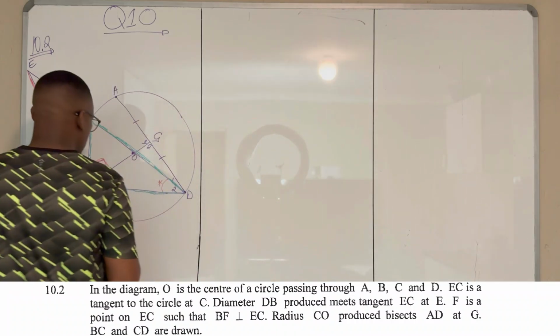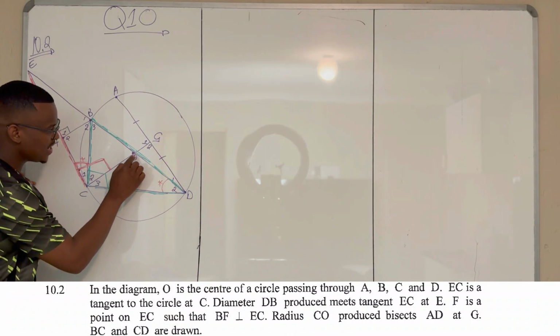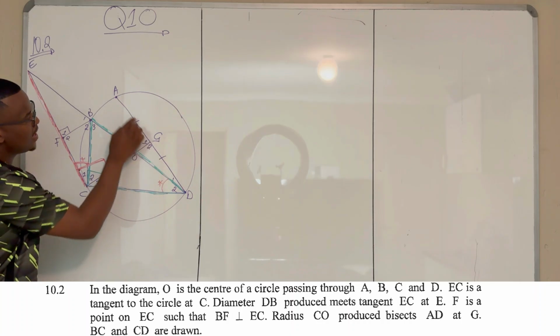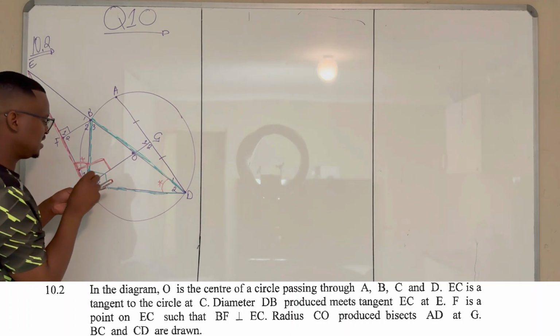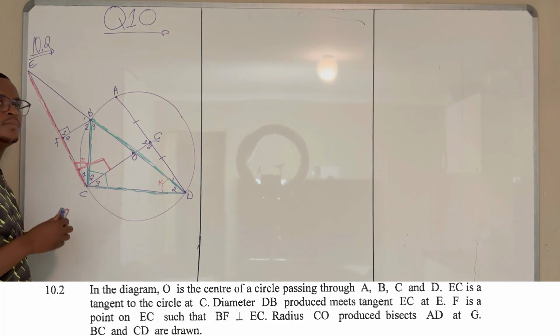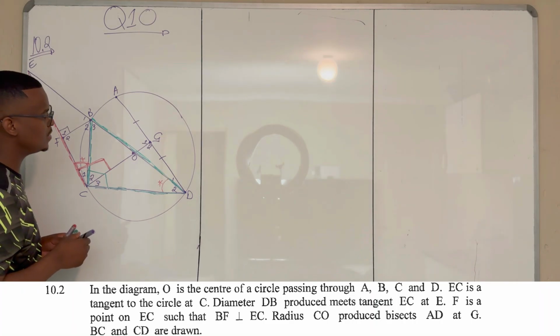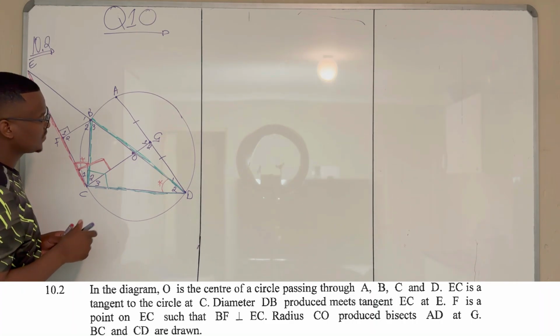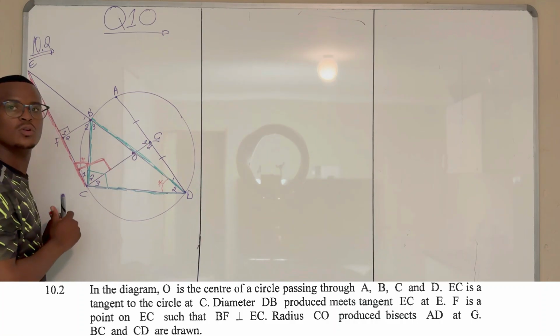And also, we are told that this is a radius that has been extended to meet AD at the midpoint G. So that's saying G is a midpoint, right? And you know, one of the first theorems, theorem 1b, says that a line from the center to a midpoint of a chord is perpendicular to the chord.